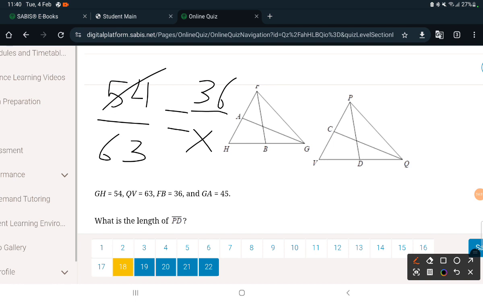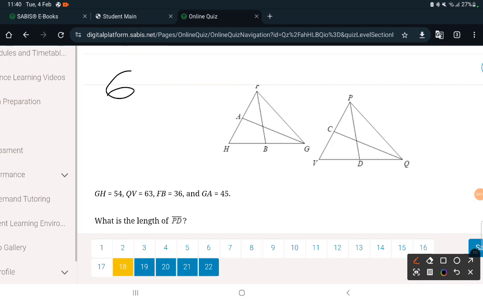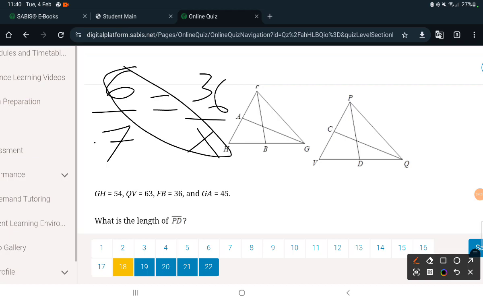Simplify, divide here by 9, here by 9, you'll get 6 over 7, apologies. So 6 over 7 is equal to 36 over x. Cross multiply: 6 multiplied by x, 36 multiplied by 7. Or an easier way to do this, we could do, actually never mind, that way we might confuse you guys.